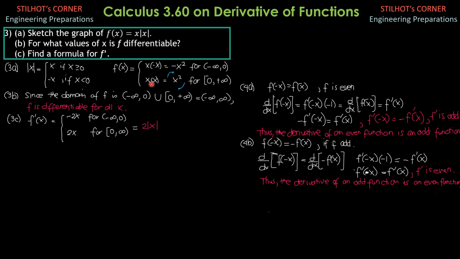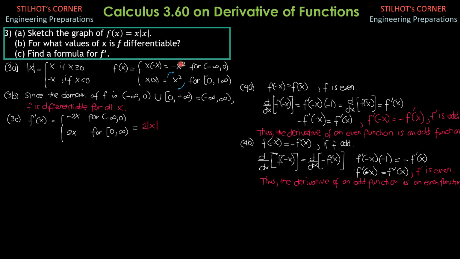And when x is greater or equal to 0, absolute value of x is x. So we have x times x, or x squared, for the interval 0, including 0, to positive infinity.